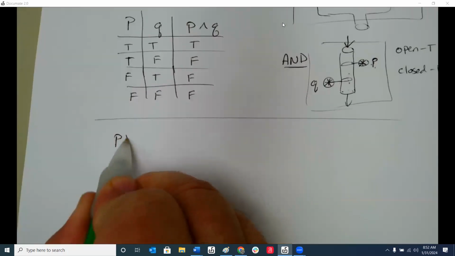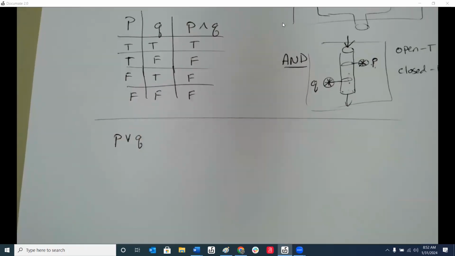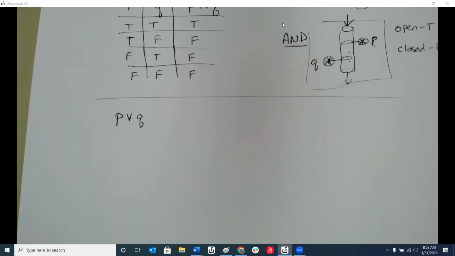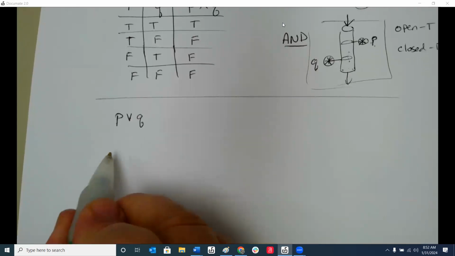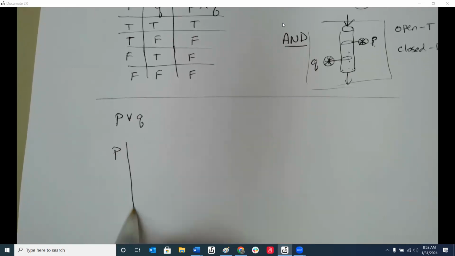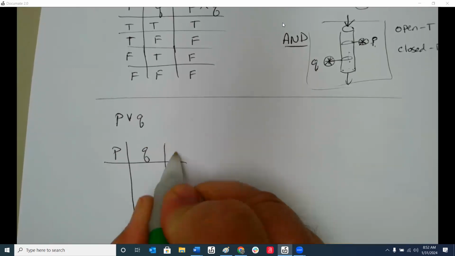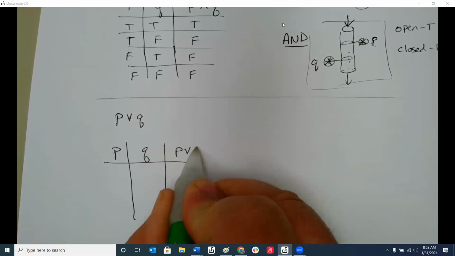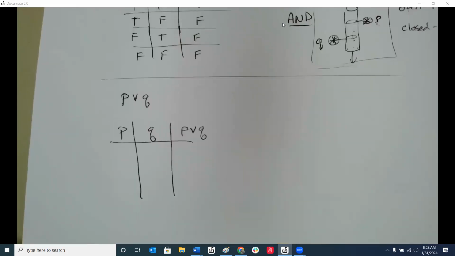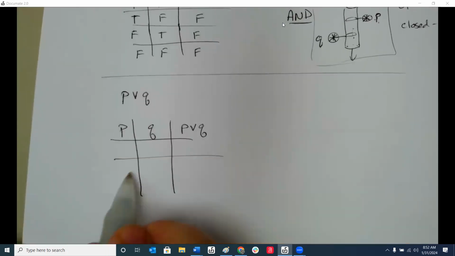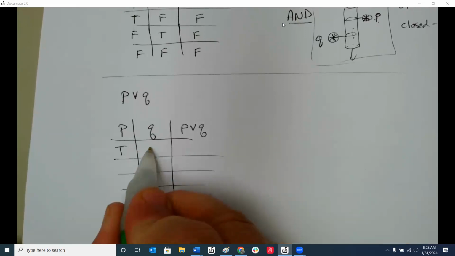If I want to look at P or Q, in other words, what I have here, they can both be true.